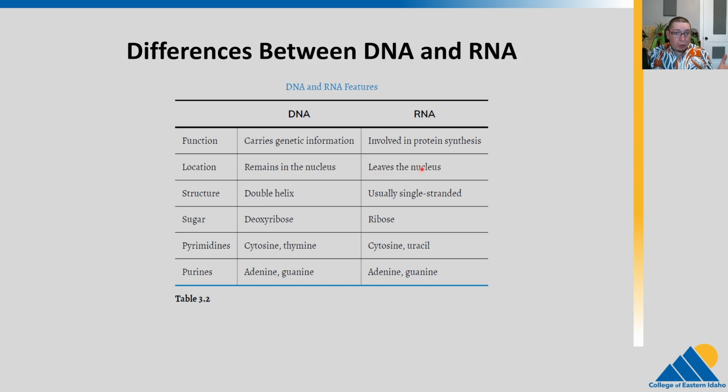In eukaryotes, RNA is made in the nucleus, but will go on to leave the nucleus. DNA is structured as a double helix, whereas RNA is single-stranded. The sugar in DNA is deoxyribose, that's the D. In RNA, it's ribose. And the bases are the same, except RNA has uracil, where DNA has thymine.